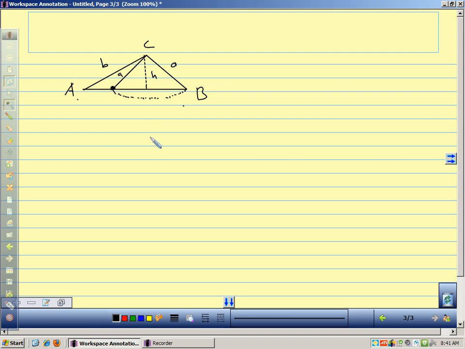And we have two possibilities for angle B, and the two possibilities for angle B are supplementary.